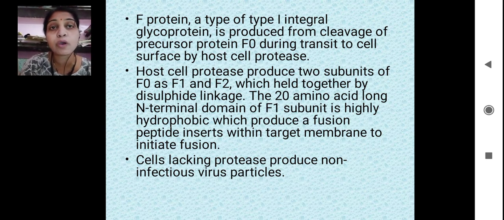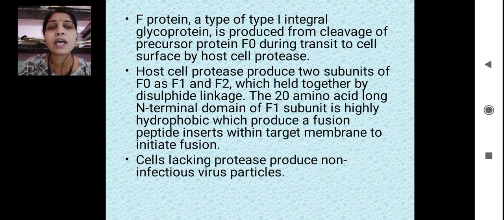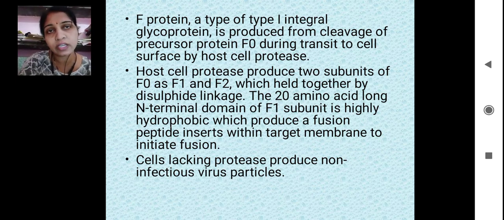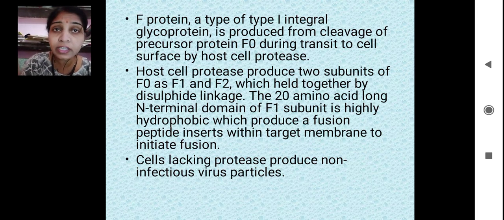It inserts within the target membrane, that is the host cell plasma membrane, and is responsible for initiating the fusion process. Cells lacking the protease enzyme that is essential for production of these F proteins majorly produce non-infectious viral particles.